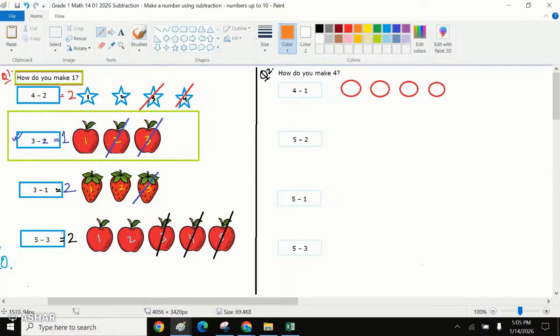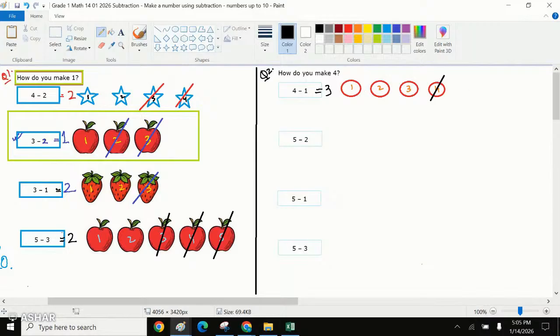Can we label them 1, 2, 3, and 4? So 4 minus 1 means we need to remove 1 circle. So what should we be left with? 4 circles were there. If we remove 1 circle, we would be left with 3, right?